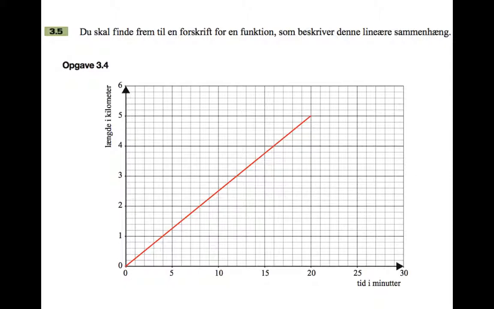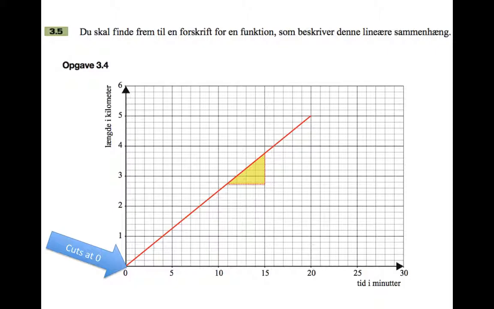3.5, suggest a formula for the function that describes the linear relationship. Well, you should have done a lot of work now on straight lines and their graphs. So straight line graphs usually have an equation like y equals something x plus something, and it's all to do with how steep the curve is and where it cuts. Now, let's have a look at how steep the curve is.